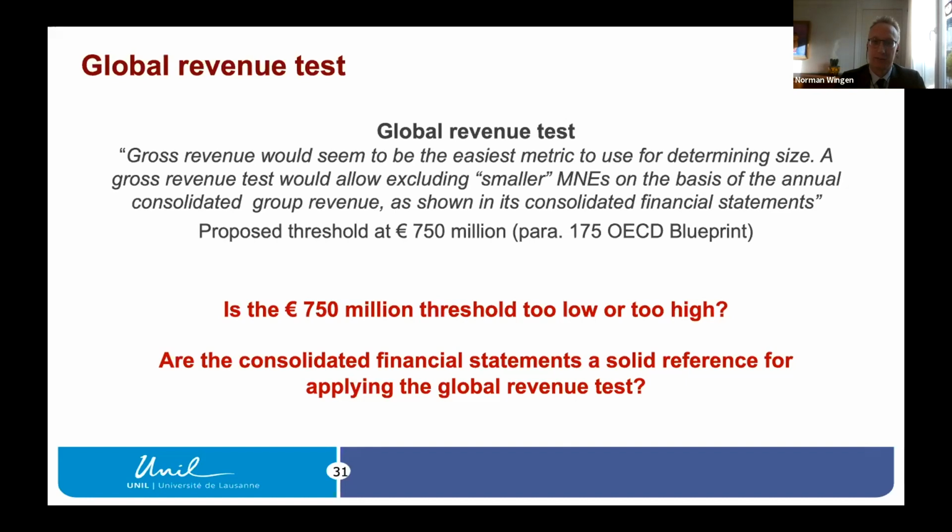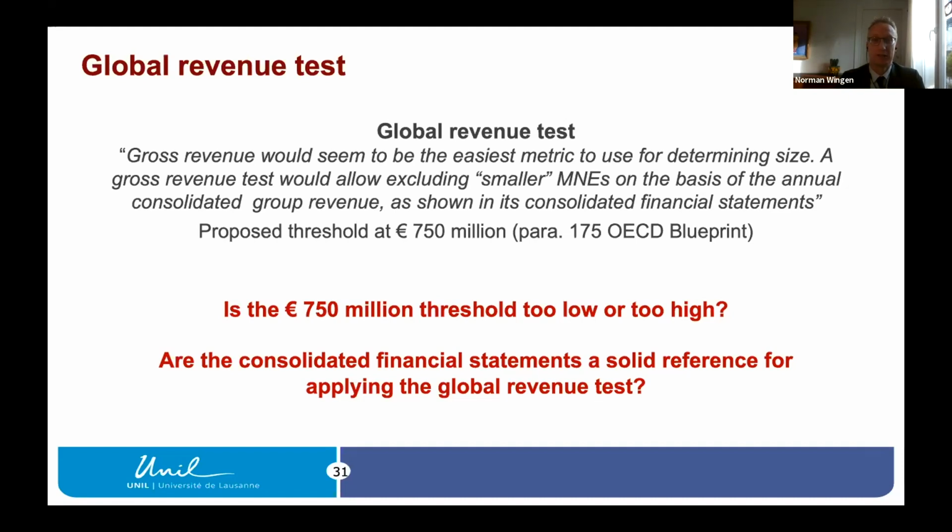But for the sake of completeness, there are also calls, and in particular, we've seen that in the public consultation from NGOs and developing countries to lower the threshold. So there are these two points of view, and as always in the Pillar 1 negotiations, a balance has to be found. And the 750 million, which is discussed in the blueprint, is simply coming from, as it was said, the country-by-country reporting, because MNEs have experience with it.